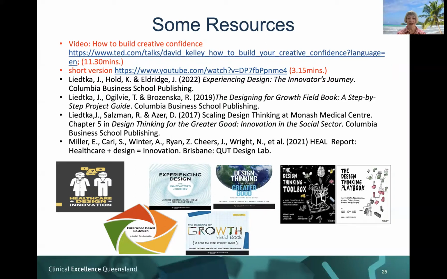And of course, the healthcare design and innovation brings together a lot of the research that's happened through the HEAL Lab in relation to their work with QUT and the QUT Design Lab. Really, it's about when people experience design, and human-centered design in particular, that's really what convinces them that there's something there to do.